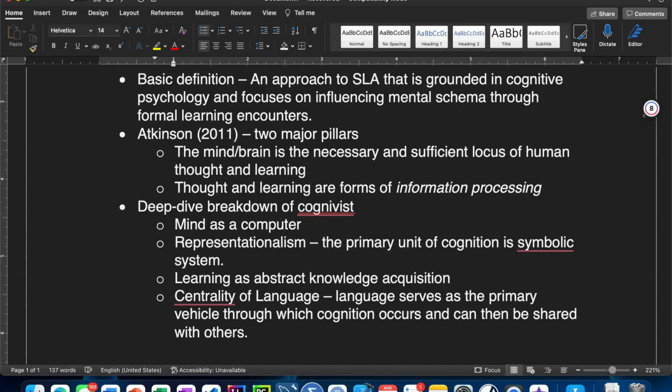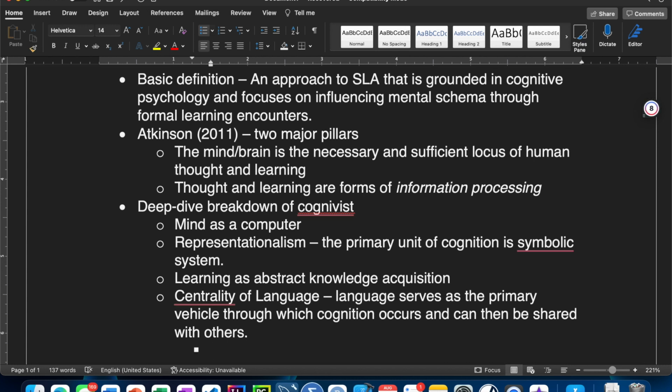So what this means is that the way that we make sense of the world, according to cognitivist views, is through language and through linguistic systems, right? It also means that we use language as part of that symbolic system through which we encode knowledge and through which we then engage in knowledge acquisition or learning, right?